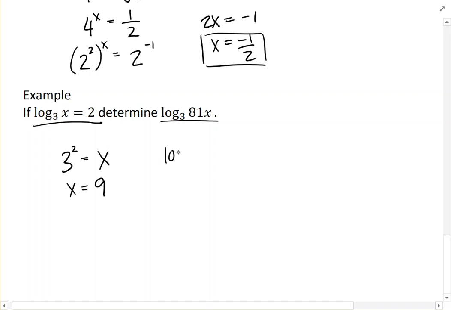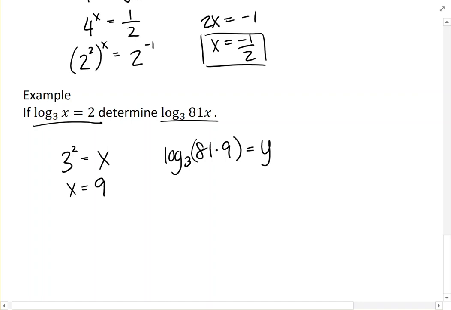So since we know x equals 9, let's put it into our second expression here. So we have log base 3 of 81 times, this whole thing, times 9. And we know this thing must equal some number. I'll just call this, since I already used x, let's say this equals some y, okay?